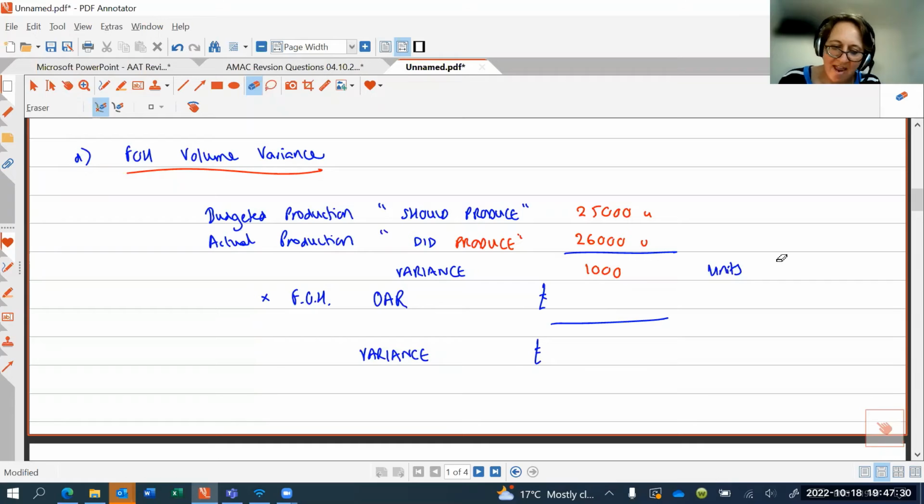This is a favourable variance. Things turned out better than expected. But that is in a number of units. I need to turn it into money. So I use my overhead absorption rate, to give me a final answer of 7,500 favourable.